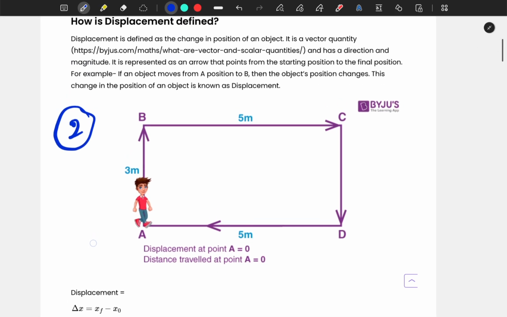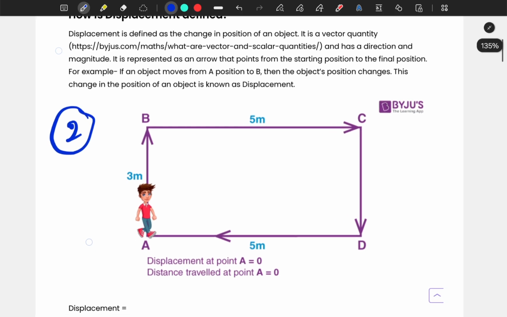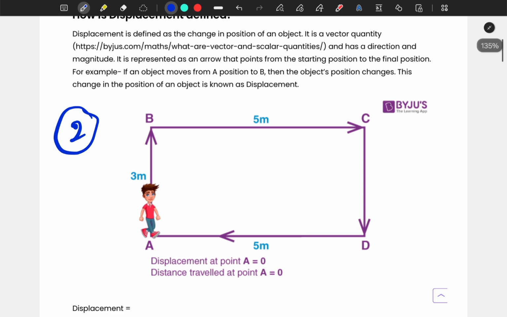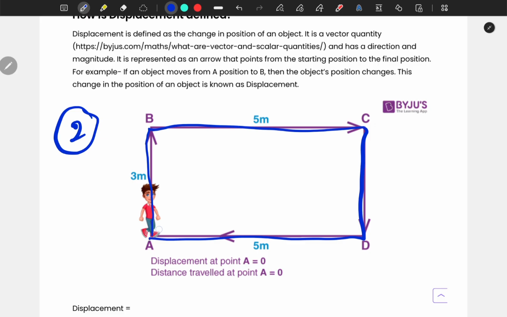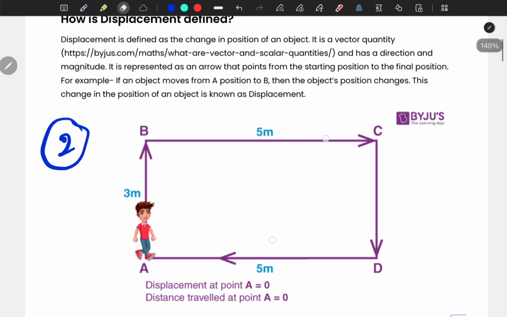In here it's given like this. Think if this person is moving from A, then B, then C, then D, then A again. This is a tricky question, right? Now think.